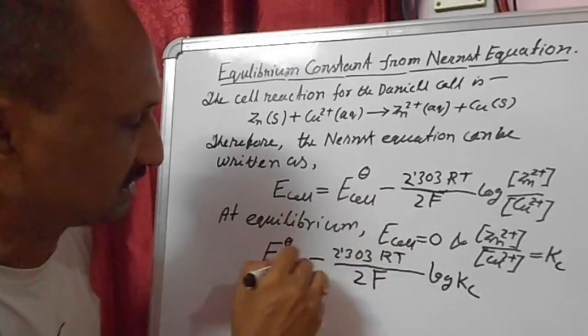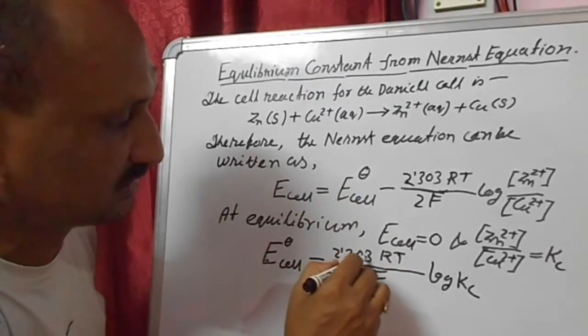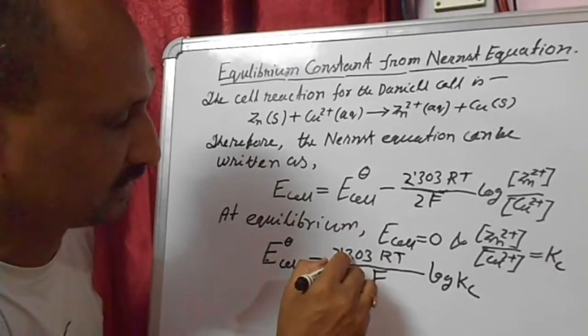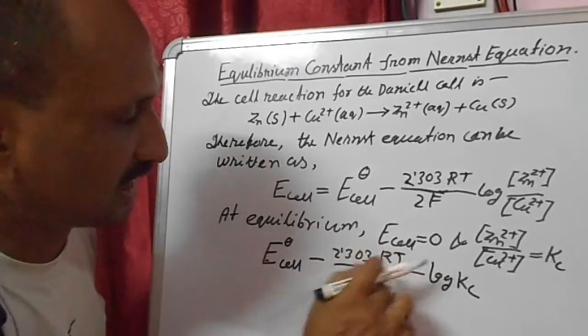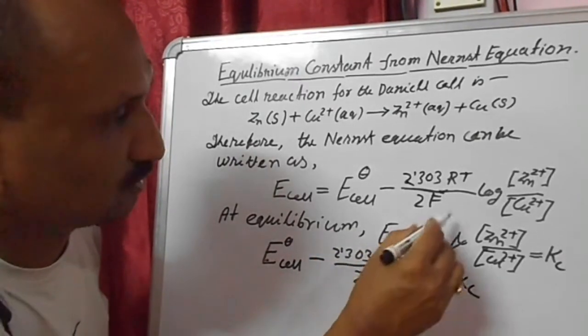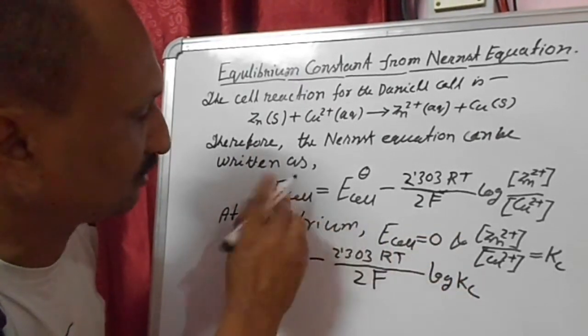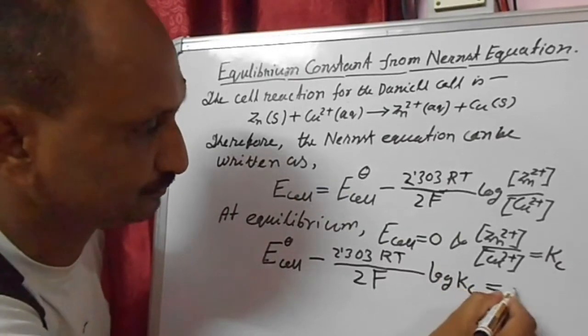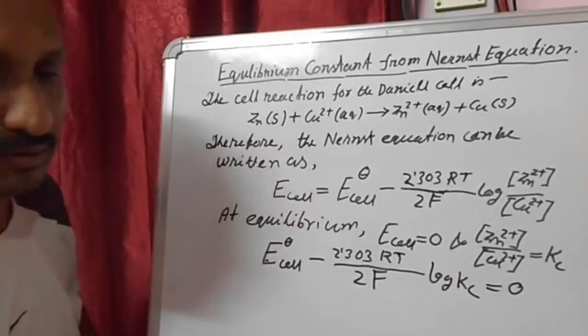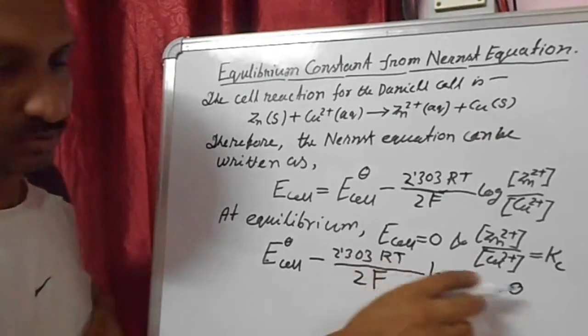So E standard cell minus 2.303 RT by 2F log of Kc is equal to 0.